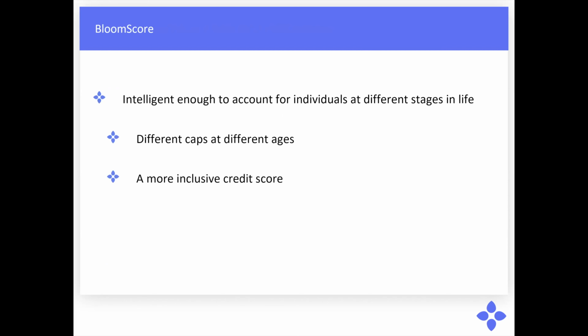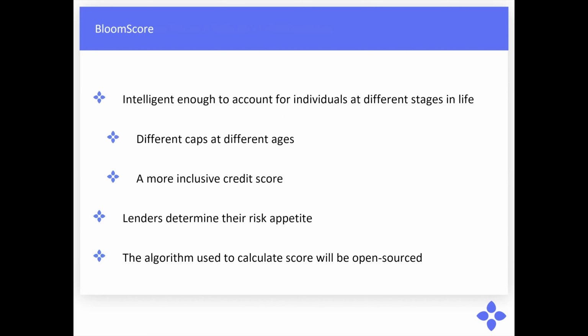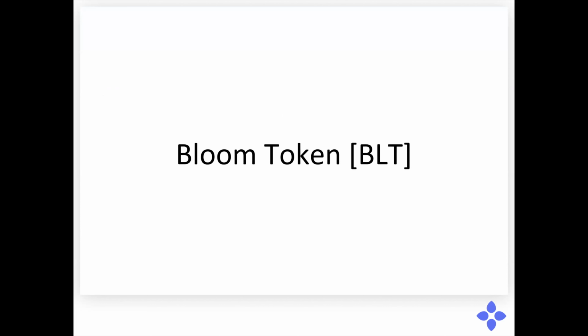As I mentioned, it'll be more inclusive because of all the other factors we're going to take into account. Of course, we can't force a lender to accept certain credit scores. Every lender is always going to have their own appetite for risk. And the algorithm will be open sourced.